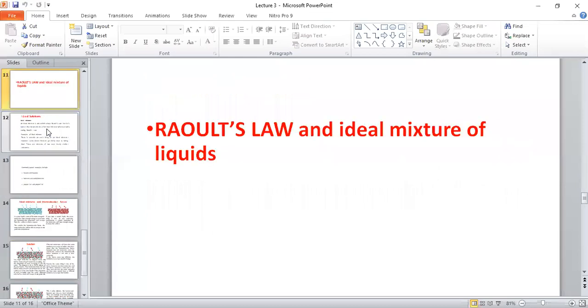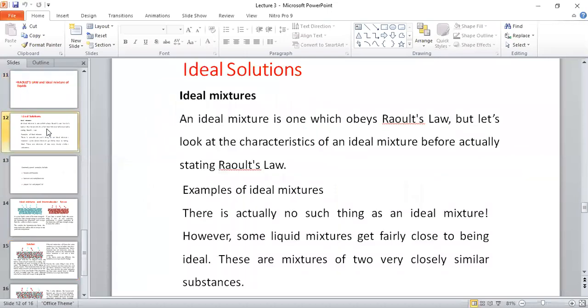So now let's look at Raoult's law and ideal mixtures of liquids. What are ideal mixtures? An ideal mixture is the one that obeys Raoult's law. We will look at what Raoult's law is also.